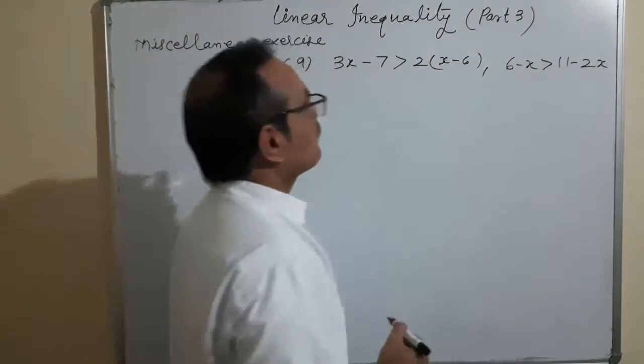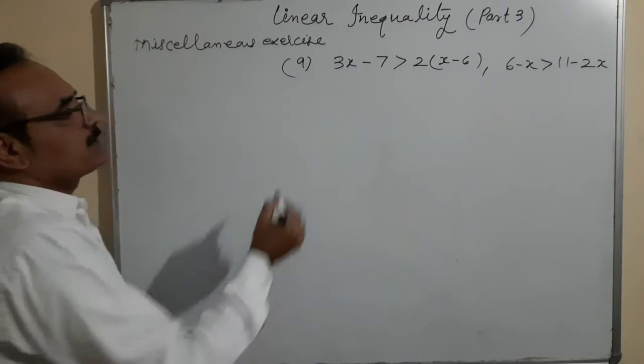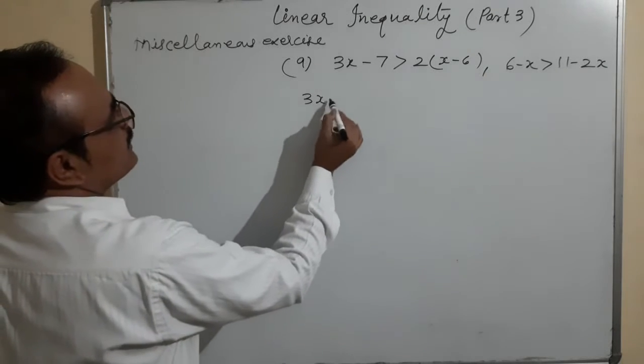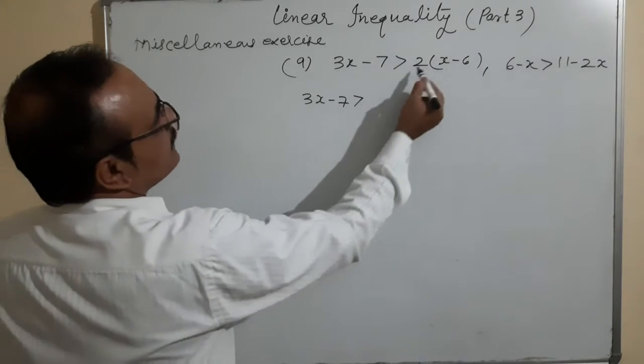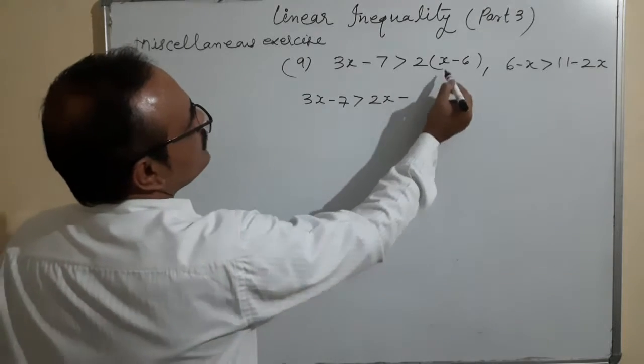Again, finding the value of x, 3x minus 7 is greater than 2x minus 12.